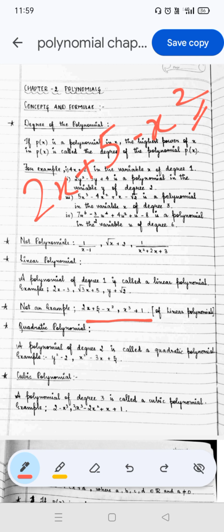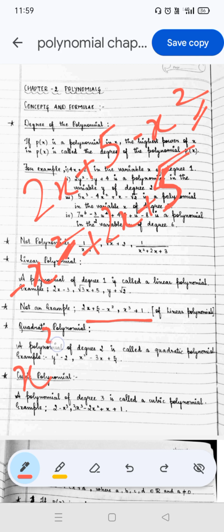So we can rewrite it as minus x square plus 2x plus 5. So we can say that 5 is constant over here and 2 is the greatest power. So we can say that it is a quadratic polynomial because it has degree 2. Hence it is not an example of linear polynomial.